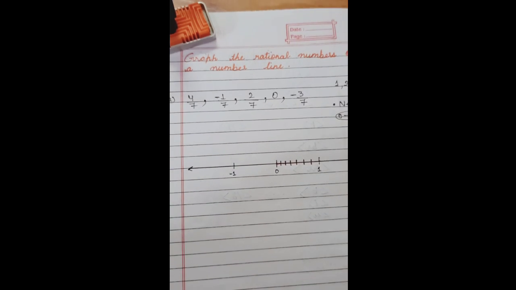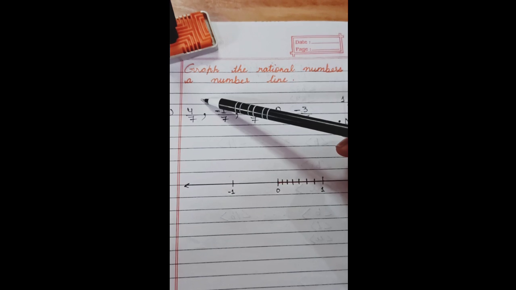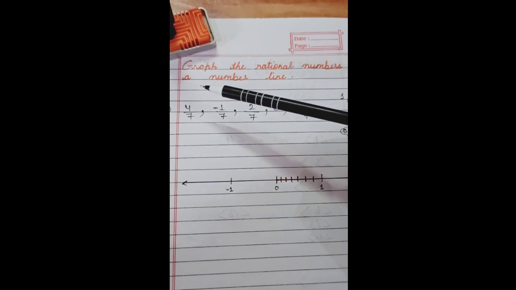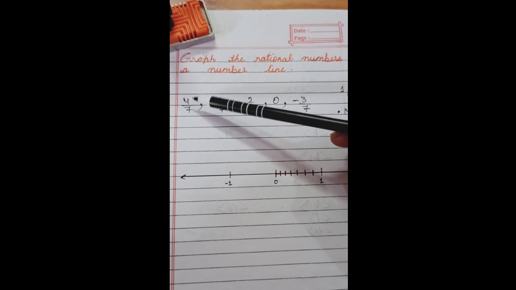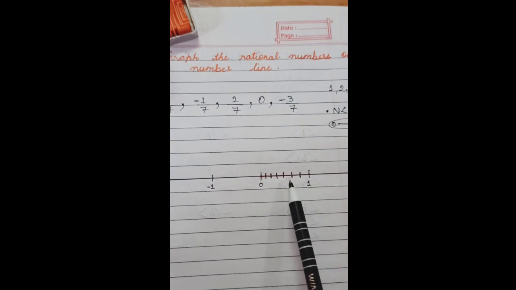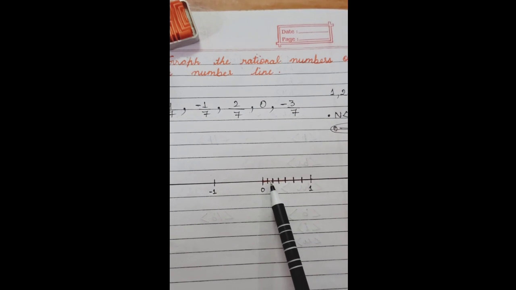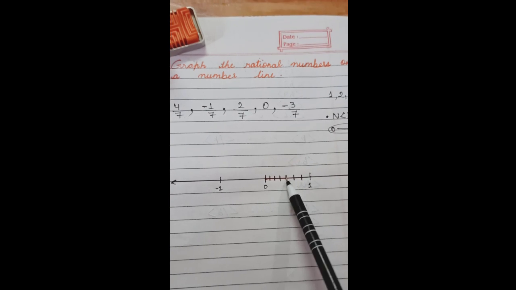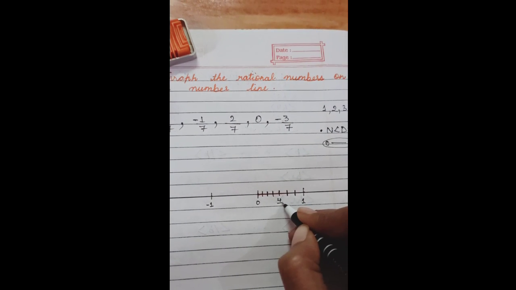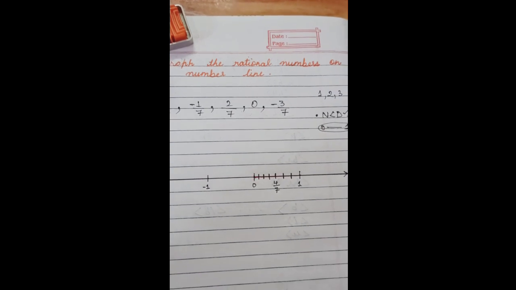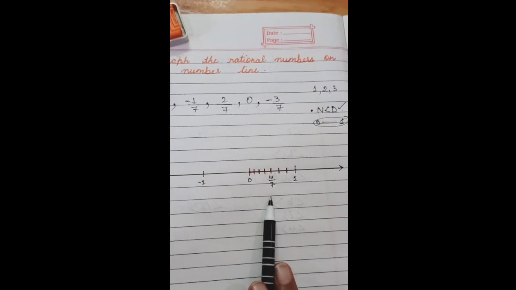Now the numerator tells us the position of a rational number. Here the numerator is 4, so we count 4. 1, 2, 3, 4. So this rational number lies here. This is 4 by 7.